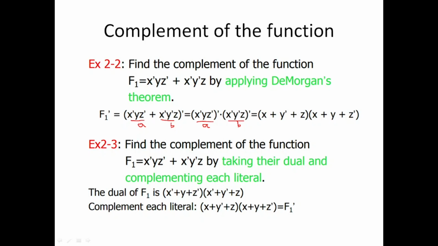Okay, next, the dual. We have to find the dual of the function. Dual is nothing but going with the duality principle. What is the duality principle? The duality principle is interchanging of the operators: AND is interchanged with OR, OR is interchanged with AND, and the binary value 0 is interchanged with 1, 1 with 0. That is duality. So here consider the same Boolean function.